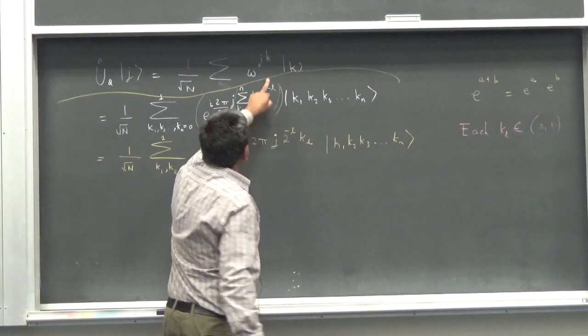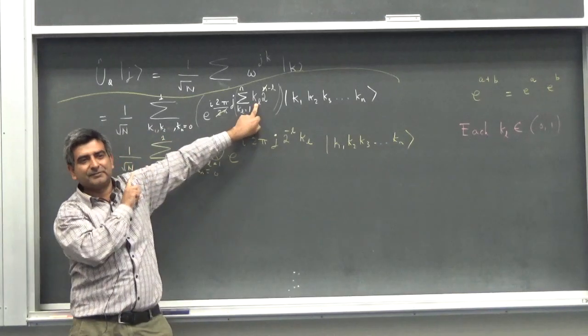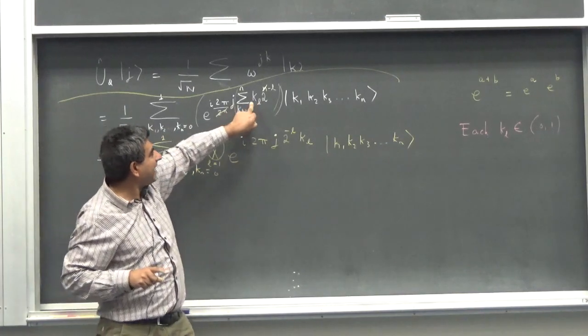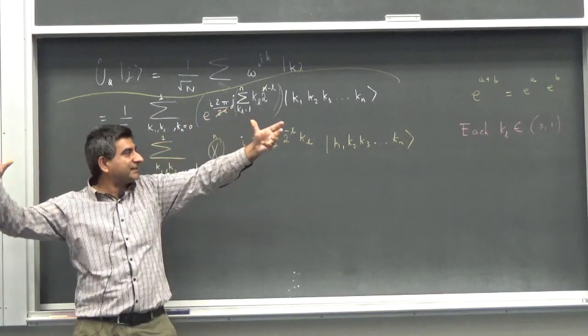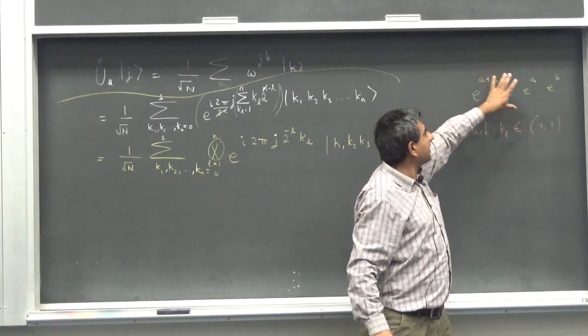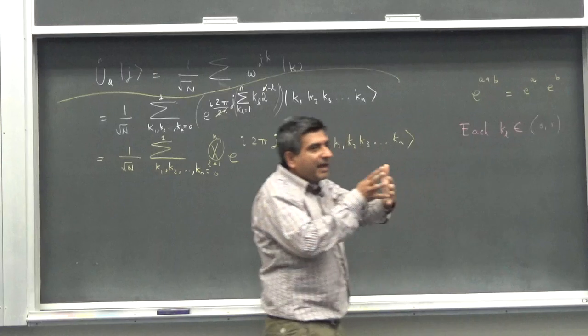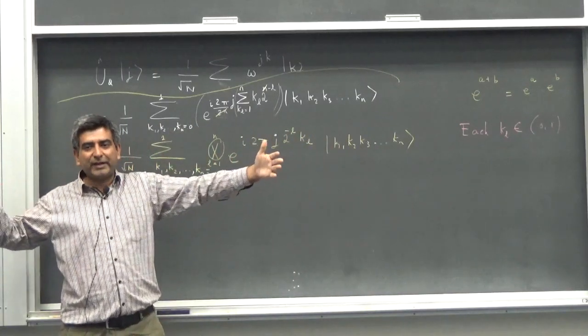Now I express this decimal k as the sum of binary digits. Now since this is an exponent, and in the exponent we have a sum, that exponent of sums can be written as a product of two exponents. So now we have a sum of n terms, small n terms.